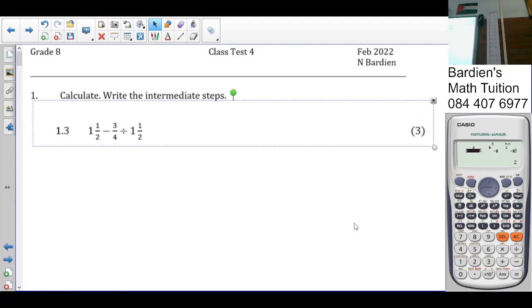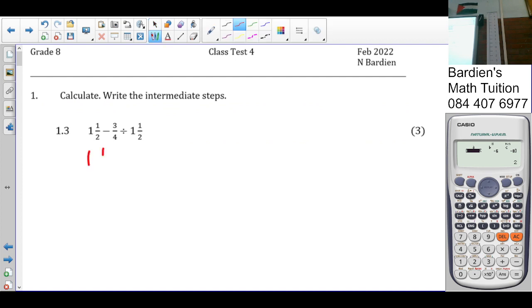Okay, nice. The next one, again change to improper fraction. So it's going to be 3 over 2 minus 3 over 4 divided by 3 over 2. Now some people are doing that first. You can't. Bodmas says you want to do division first.